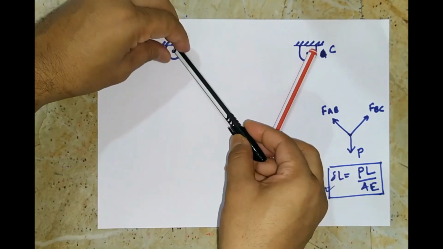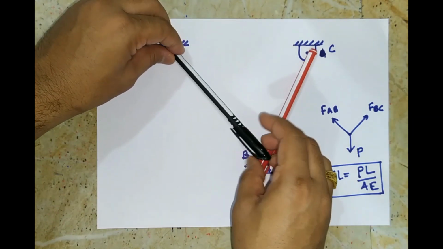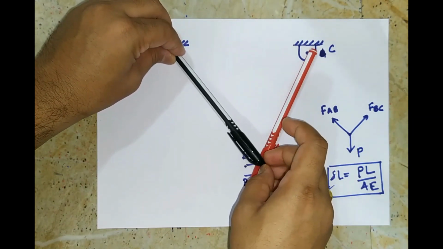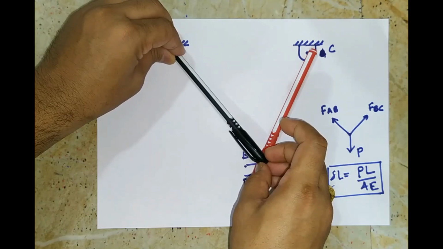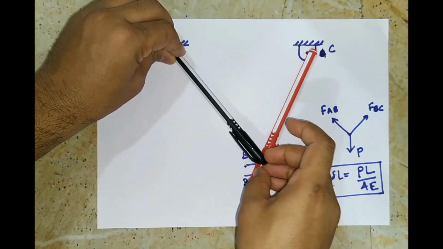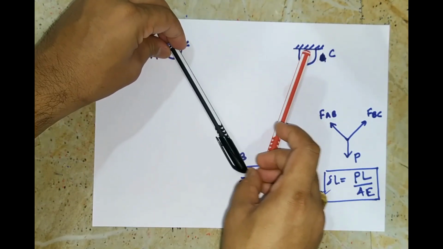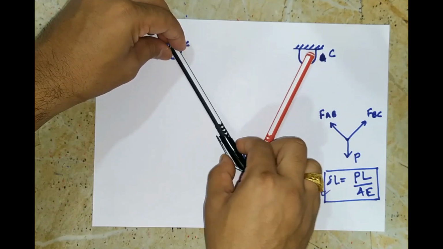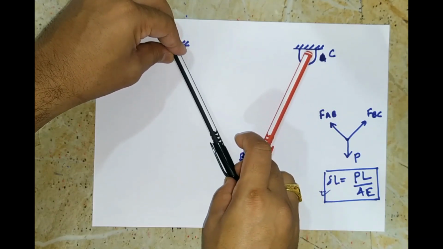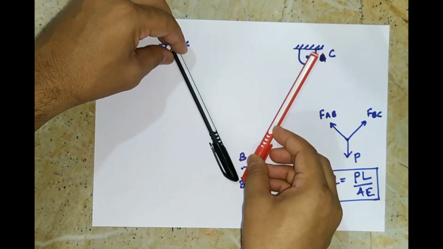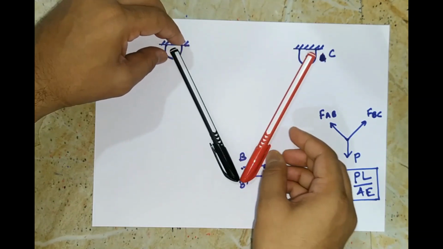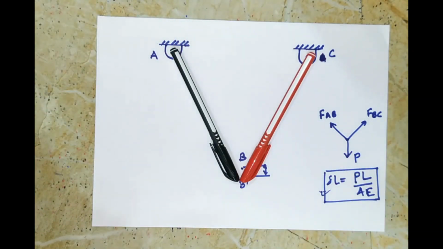And this black pen, the increased length, it will not hold here, and when we want to know the final position of the joint B, we have to rotate it by holding this link here. So we'll rotate it. Again, since the change in length is very small, this rotation will be a straight line only.